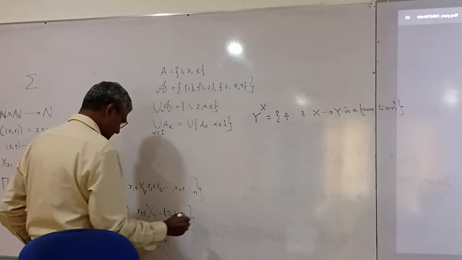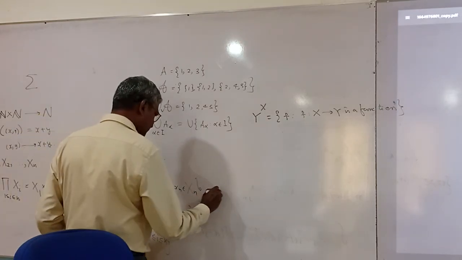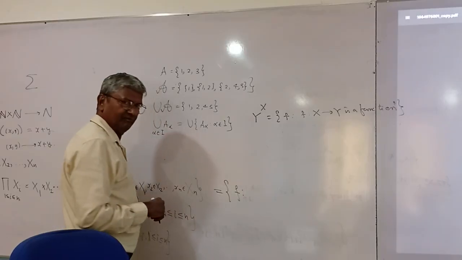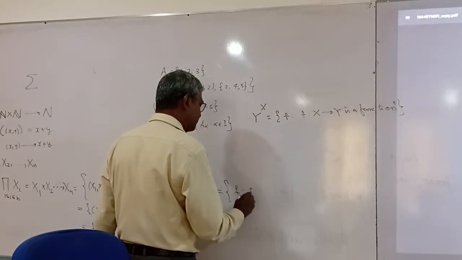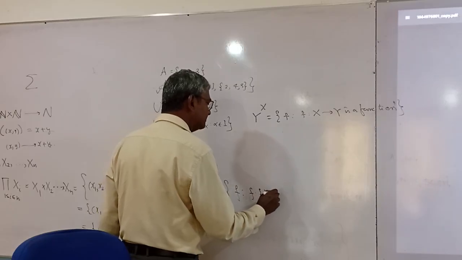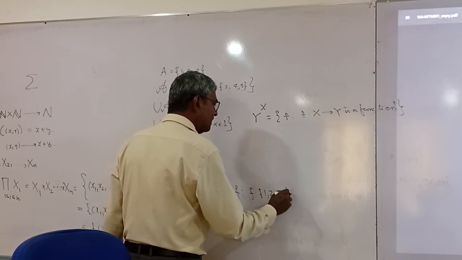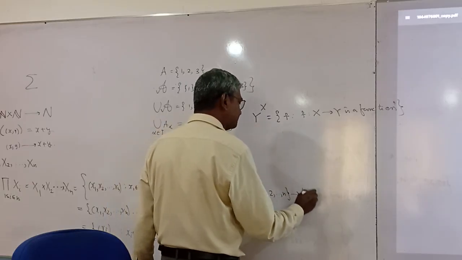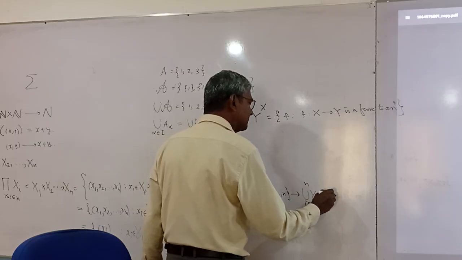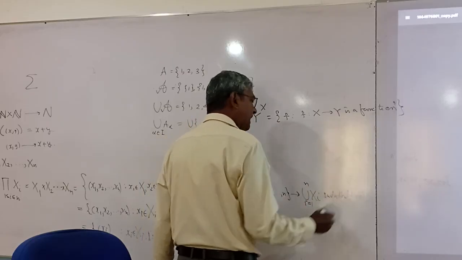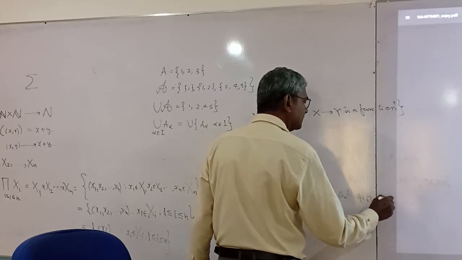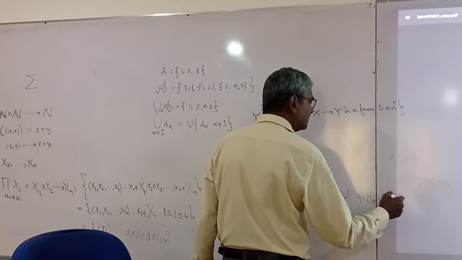Similarly, this one can be interpreted as the set of all functions f going from 1 to n to the union of the Xi, such that f(i) belongs to Xi for 1 less than or equal to i.